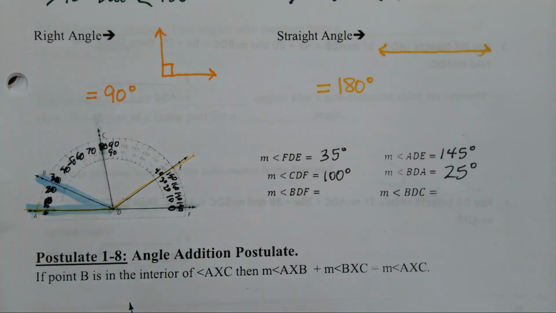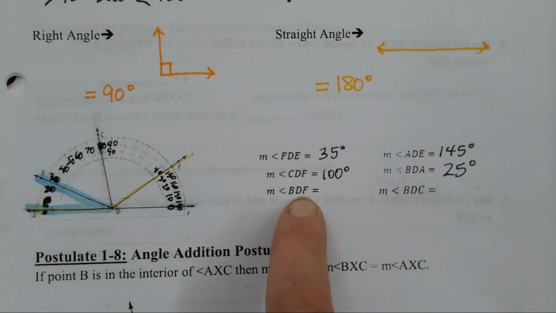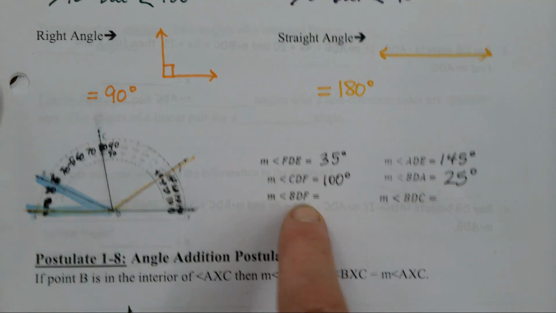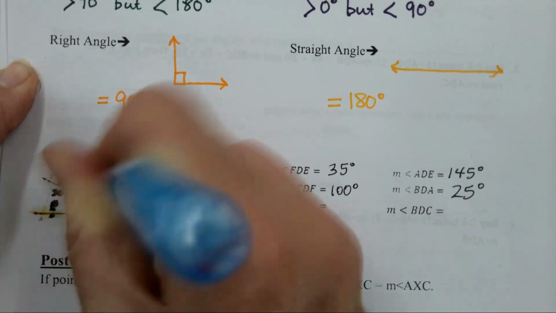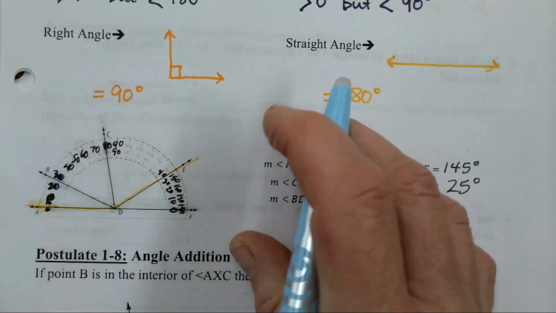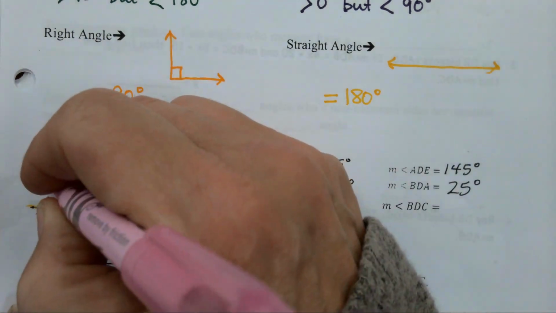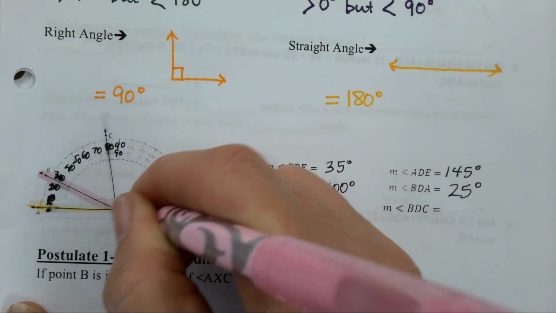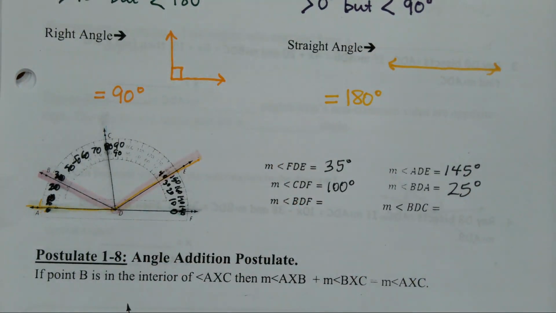Now, what if I have one that neither end is at 0? Well, I'm going to erase my mark here and redraw that one. So BDF, I'm just going to count the tick marks that it's at. Did I do BDE? Oh, I'm sorry.